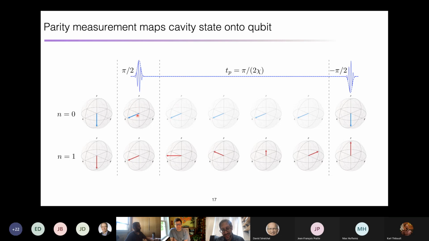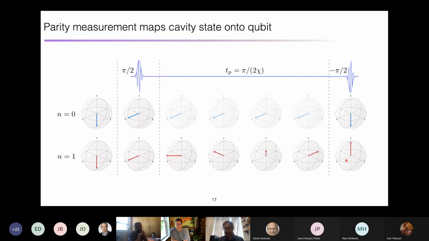If we're rotating in a frame which is going at the qubit frequency at n = 0, then in that frame nothing is happening. But for n = 1, the qubit has a slightly different frequency, so in that frame it's actually precessing. If we wait for it to precess by pi, then when we flip it, instead of going down, it's going to go up.